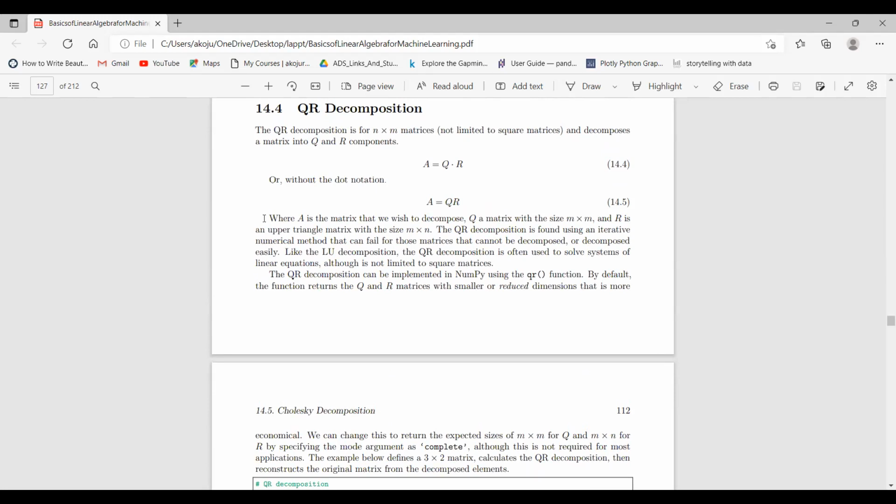QR decomposition is for an n by m matrix, where Q is m by m and R is an upper triangular matrix of size m by n.